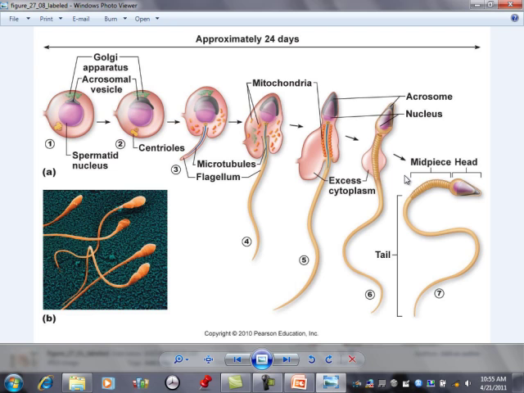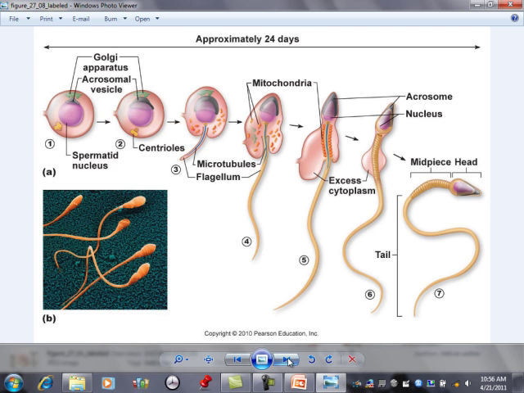Why? Yeah, this cell has one heck of a travel ahead of it, and it's going to need to be able to produce quite a bit of ATP. So we see excess cytoplasm that wraps around to form the mid-piece or neck region, and that's going to contain tons and tons of mitochondria for this cell. And then, of course, we have the flagellar tail, and that's made of microtubules.